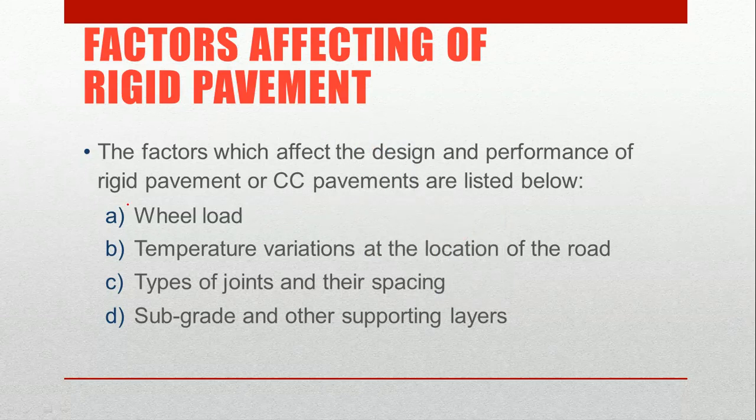Some of the factors mainly affecting the design of the rigid pavement are wheel load, temperature variation, types of joints, which type of joint we have used, and the type of subgrade and the supporting layers. How these parameters affect the design of rigid pavement, we need to discuss in detail in today's session.